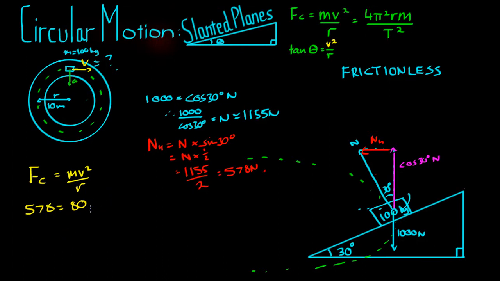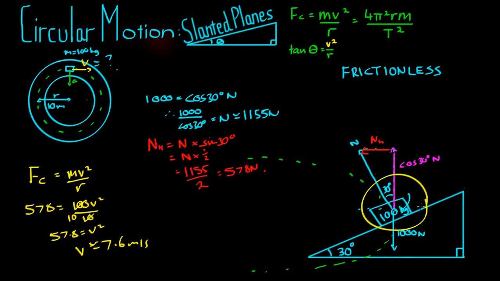That was a mistake, excuse me. Mass is 100, so 100 v squared on 10. These cancel down, 578 equals 10 v squared, 57.8 equals v squared. V equals, on the calculator, 7.6 meters per second. Actually, approximately 7.6.